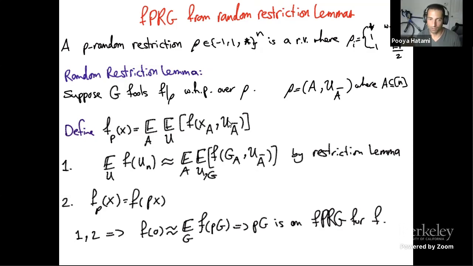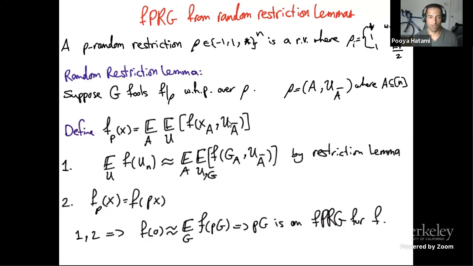Exactly. And this is something that's already used in some applications of this Ajtai-Wigderson method also, right? So sometimes it helps to fool the expected restriction instead of just showing that with high probability we can fool the restriction function. And here we could ideally use that to our advantage in our random restriction lemma.